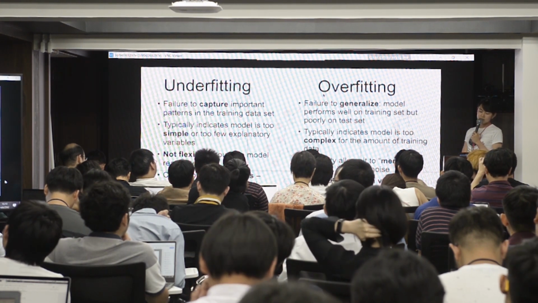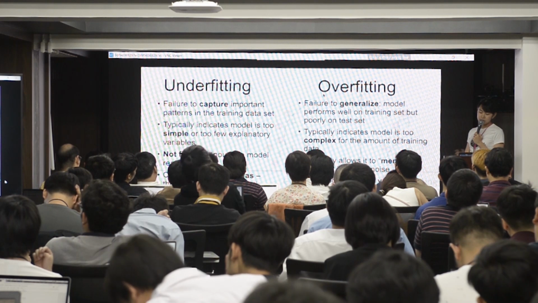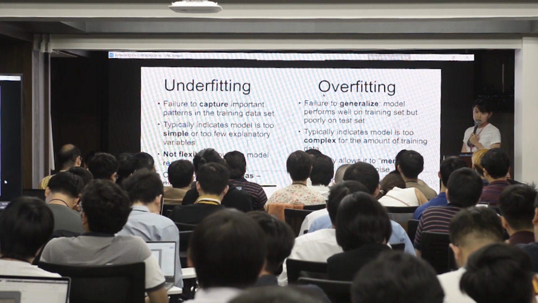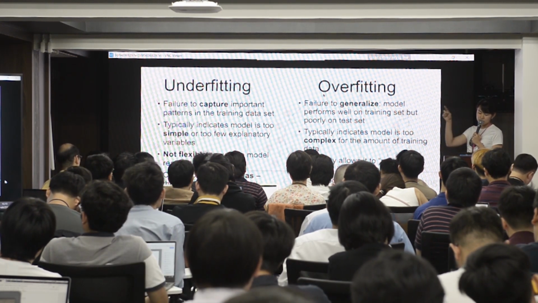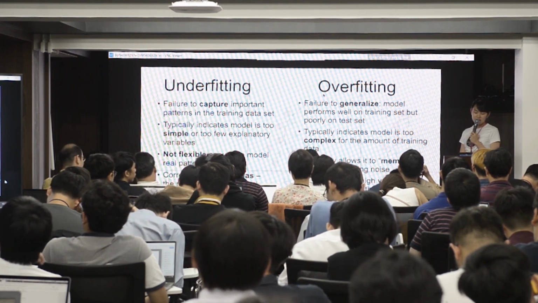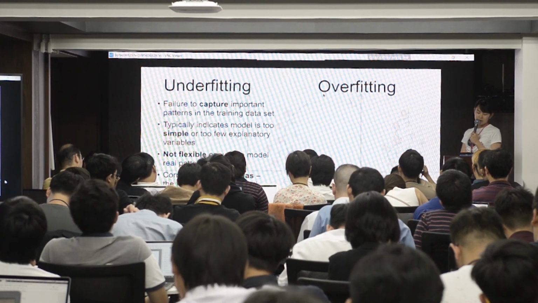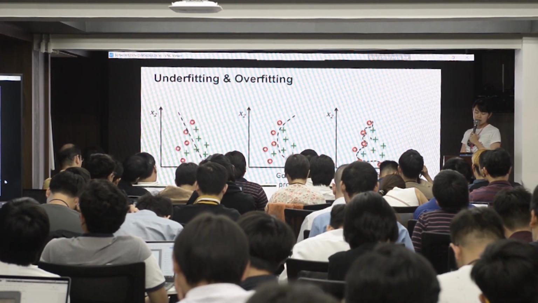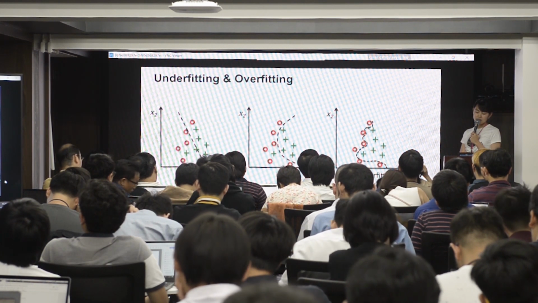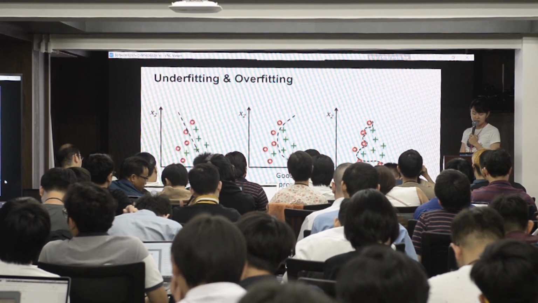How about overfitting? Overfitting also fails to generalize, because for your current dataset, you have too many curly lines. If new data comes in, maybe a plus on the right-hand side lands on the wrong side of the boundary, and it will be super hard for your model to generalize.